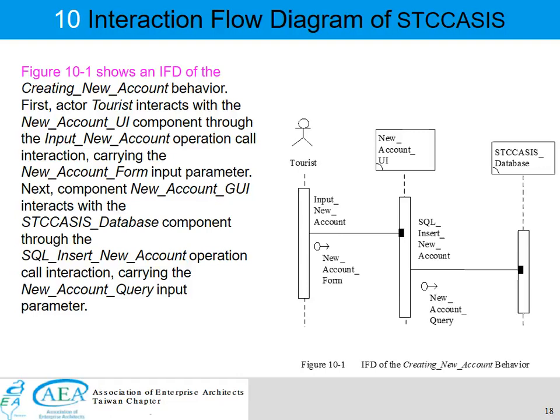In this IFD, there are 2 interactions. The first one, the tourist uses the input new account interaction to interact with the new account UI component. The second interaction is between the new account UI component and the STC AXIS database component.